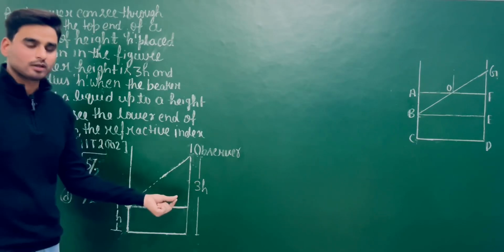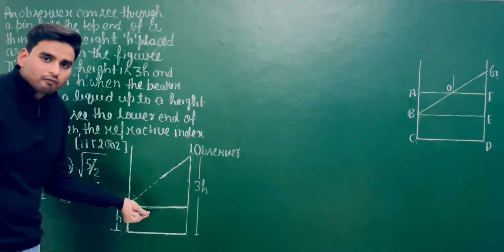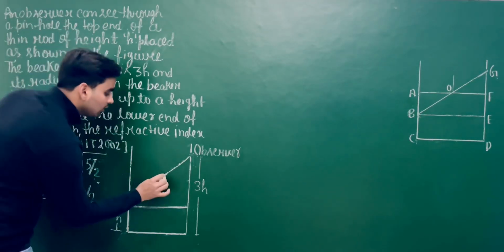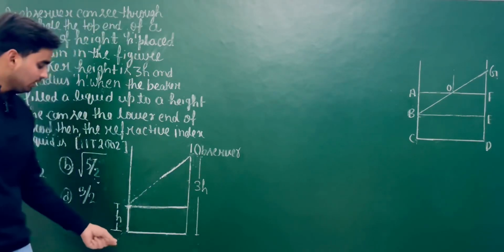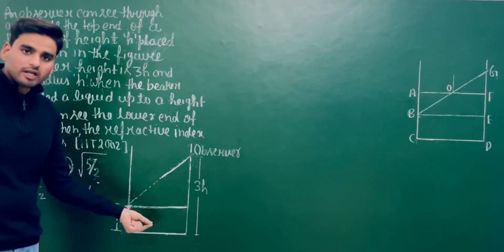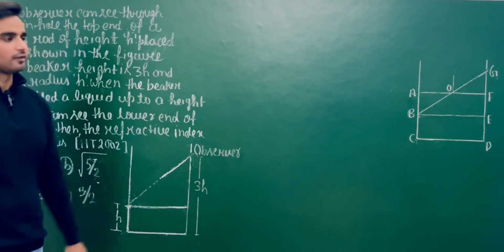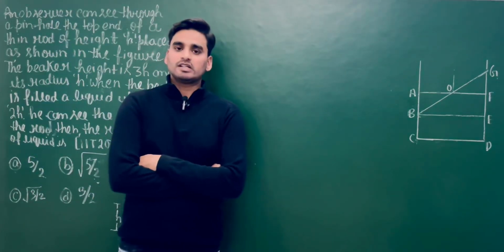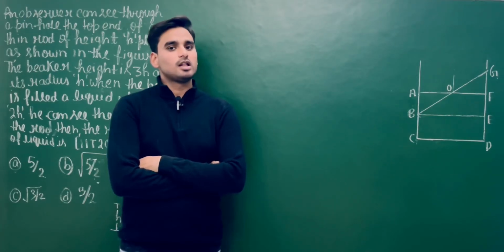If a ray coming from any part of the rod after refraction goes on this track, then that part will be visible by the observer. But in this question, we just have to calculate the refractive index of liquid.